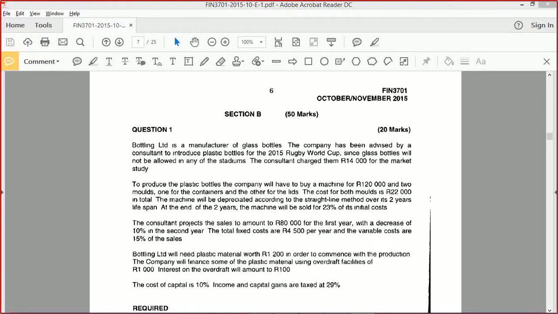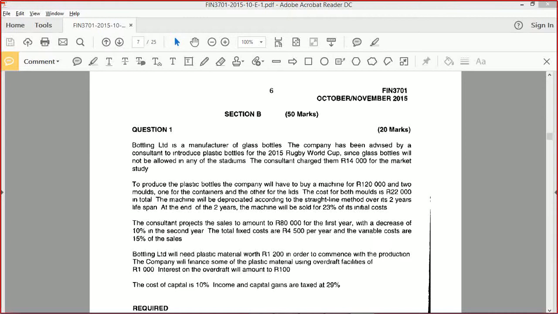So cash flow 0 would be minus 142,200. The next cash flow would be 63,500. And then the cash flow after that would be 56,700 plus the 23,188.60.